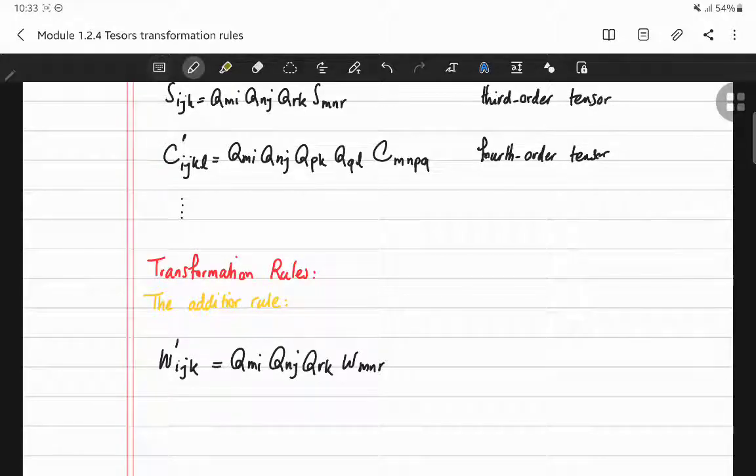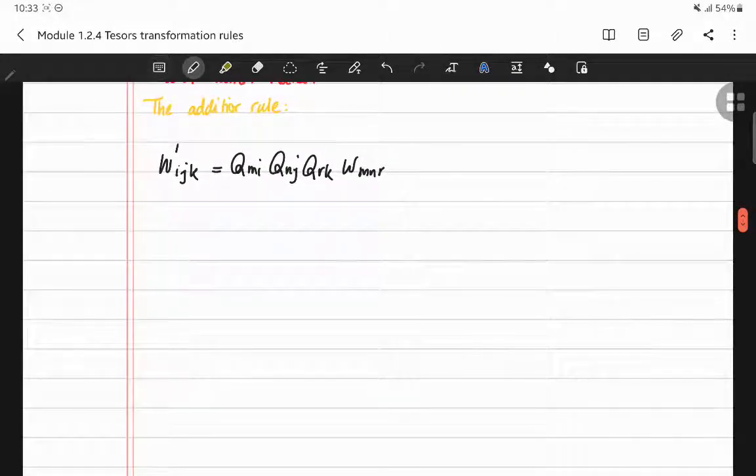Here we can write W as the sum of, for example, two other tensors like T'_ijk plus S'_ijk. So I write each one explicitly.